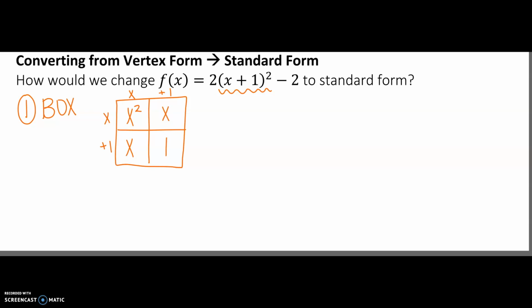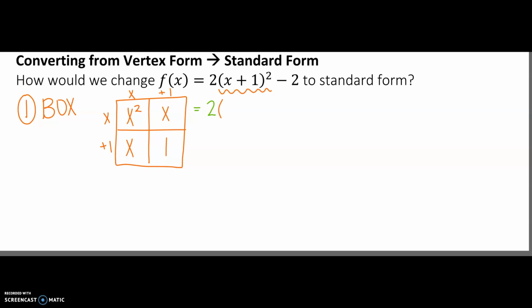Now I'm going to rewrite this outside of the box, but I'm going to put it back into my equation as well. So I want you to understand that we did not touch this 2 on the outside of the parentheses. The only thing that we touched was this x plus 1 squared.